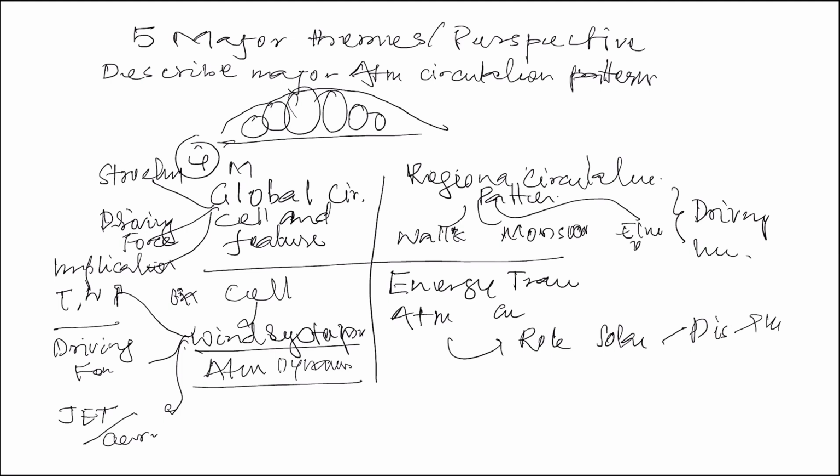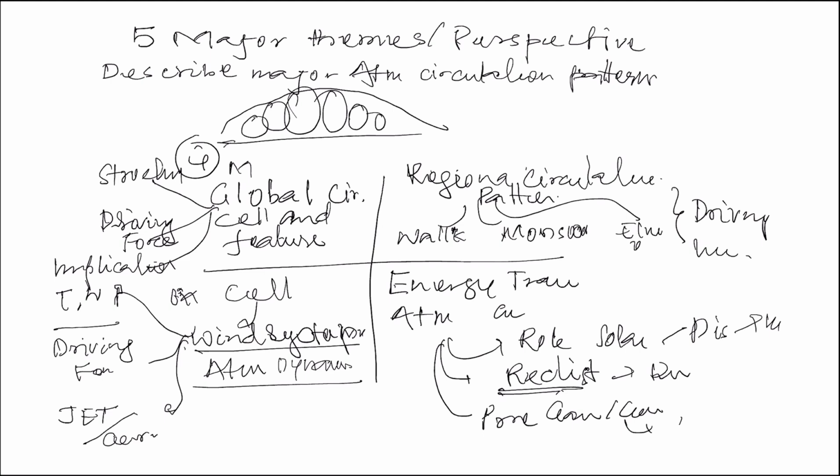Then how heat redistribution occurs, what the implications are, and what the driving forces are, because these are the patterns of distribution. Then how pressure gradients and distribution occur, how convection cells occur, what their driving forces are and what their implications are. In that way also we can write the answer, and then the conclusion.